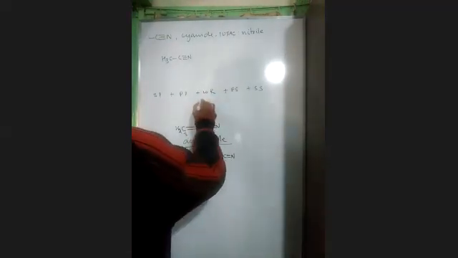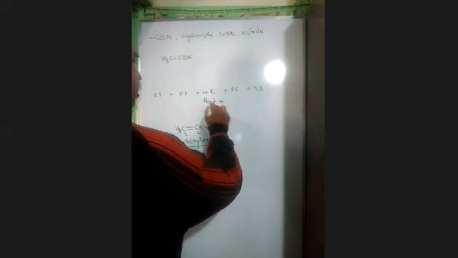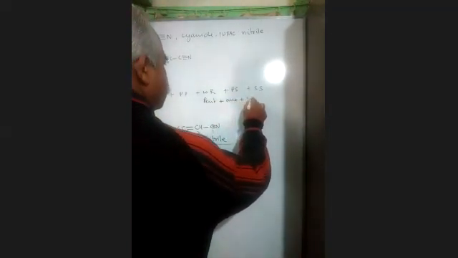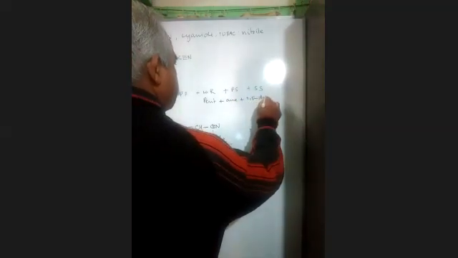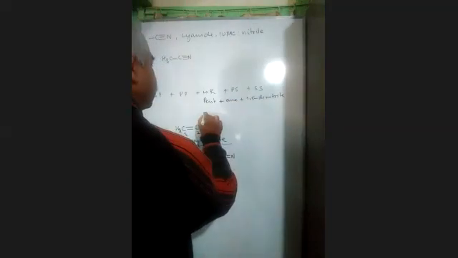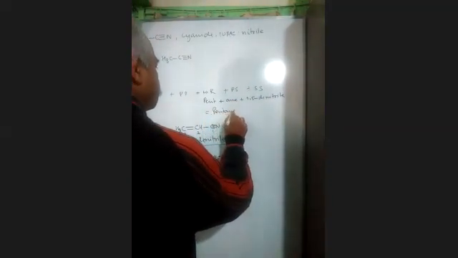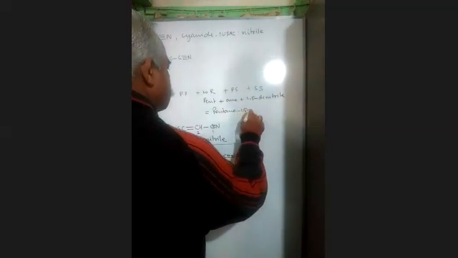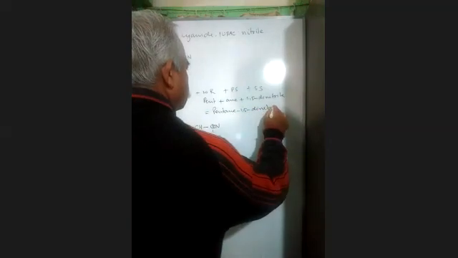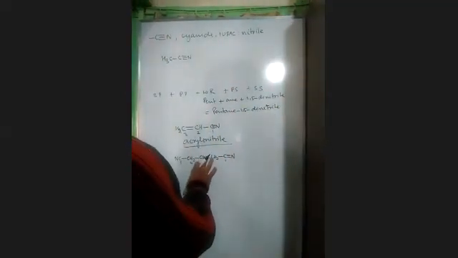Always put numbers. Pentane, pent, ane, 1,5 dinitrile. So it is pentane-1,5-dinitrile.